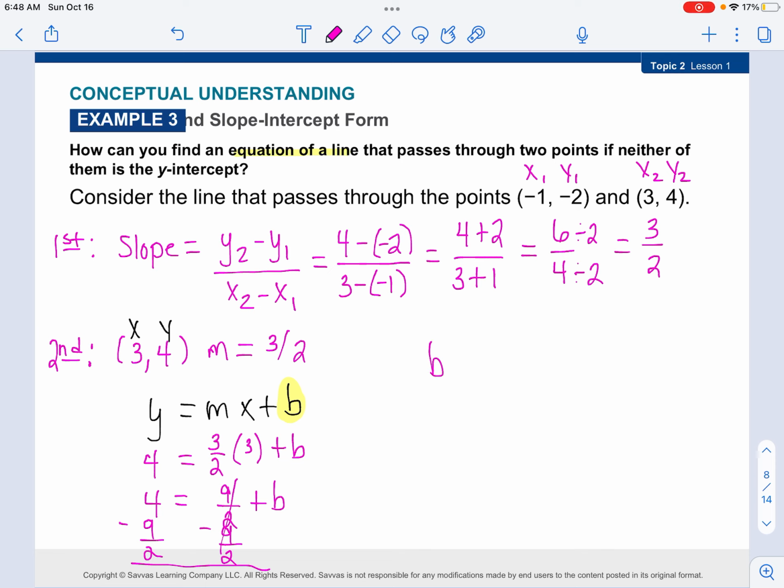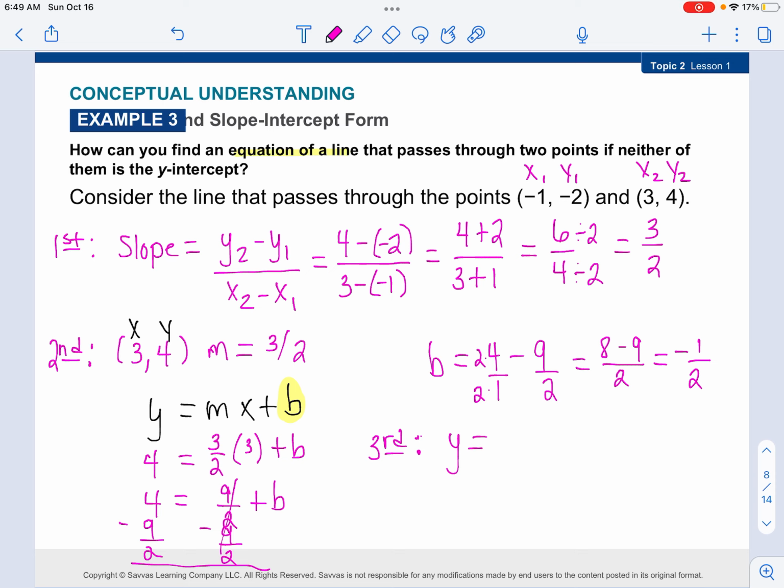So our y-intercept is equal to 4 minus 9 over 2. So that's our y-intercept.